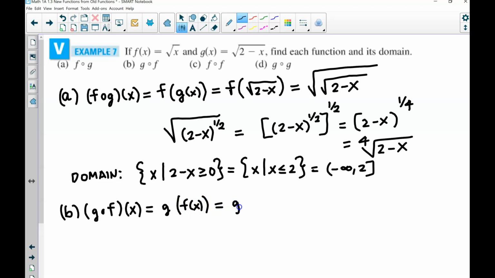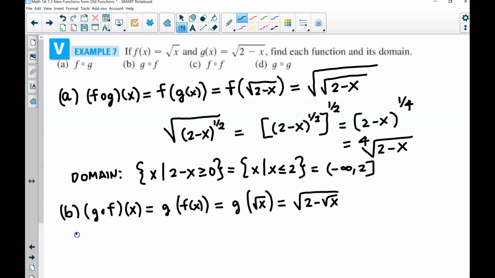And so we would have g of the square root of x, which would then equal the square root of 2 minus the square root of x. Now in this case, for the square root of x to be defined, we must have x greater than or equal to 0. So to be defined, we must have 2 minus the square root of x be greater than or equal to 0.